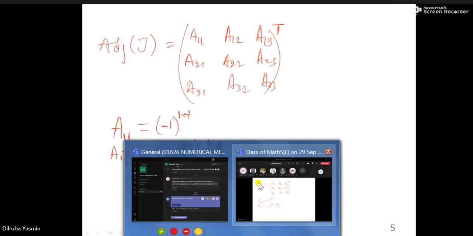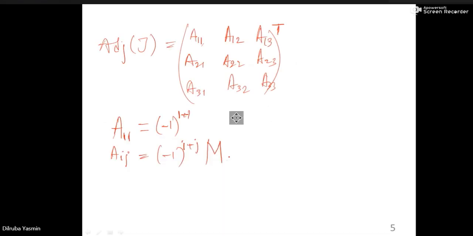So what about the element, small a suffix ij? Alright. So from here you get small a suffix ij. Come back here.